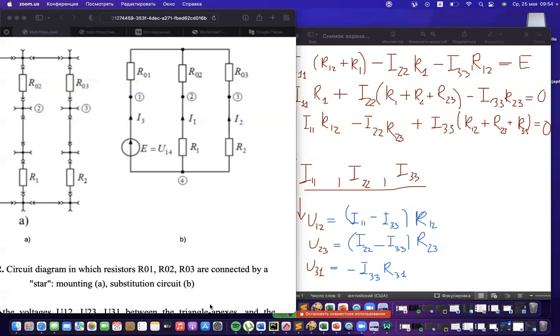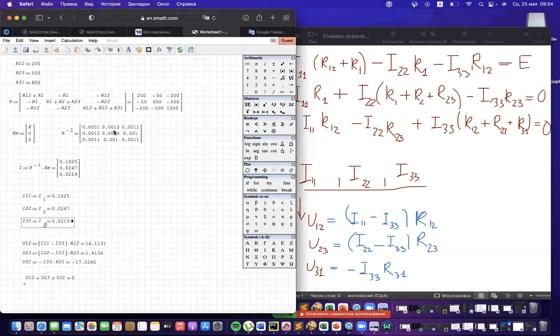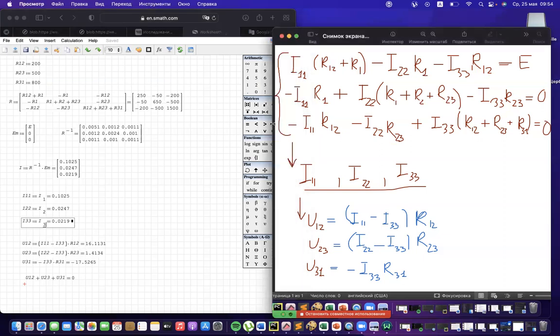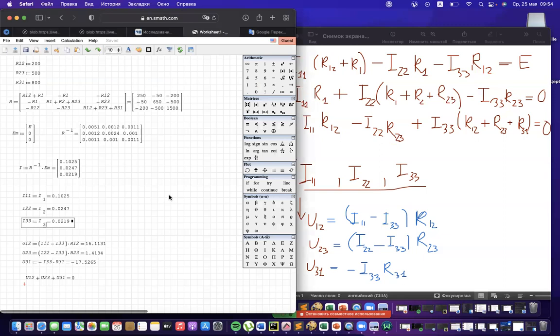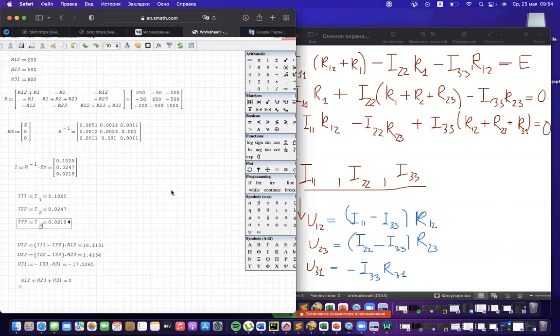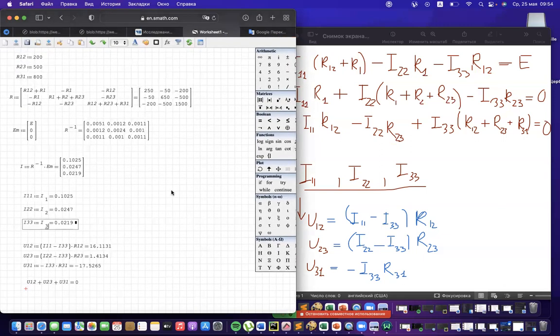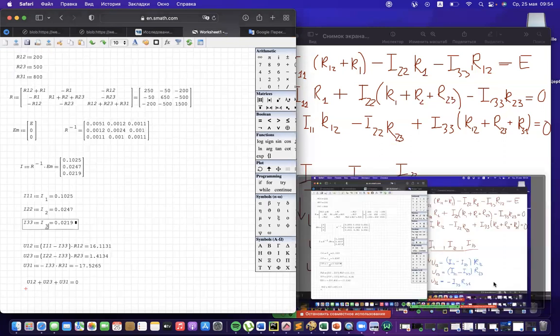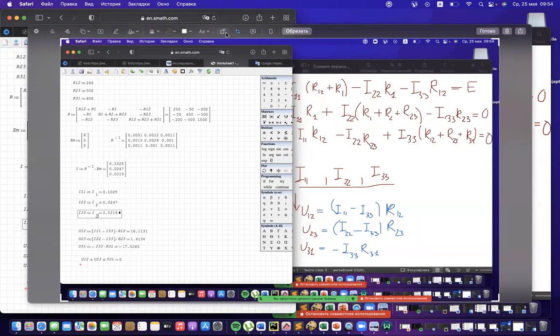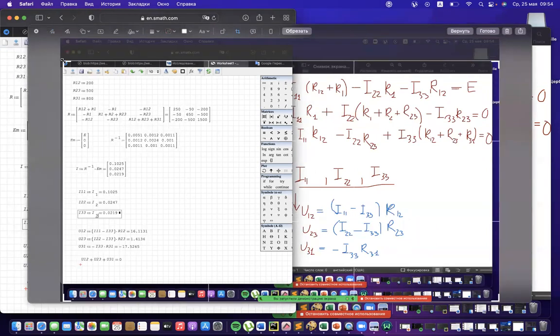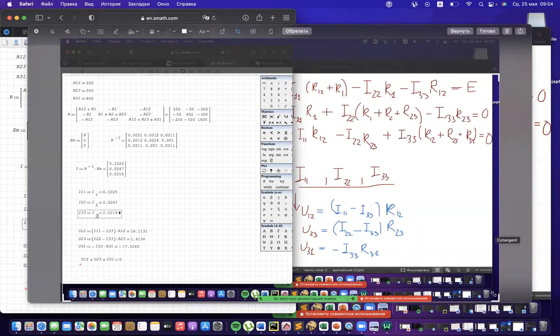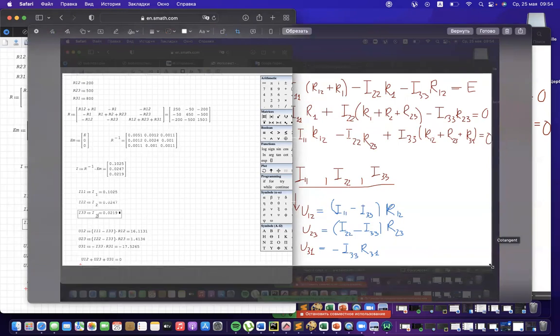I could also make a screenshot of these calculations, just to send it to you.